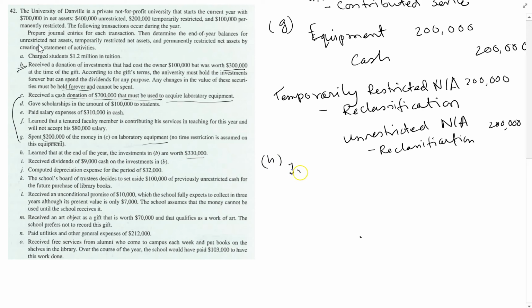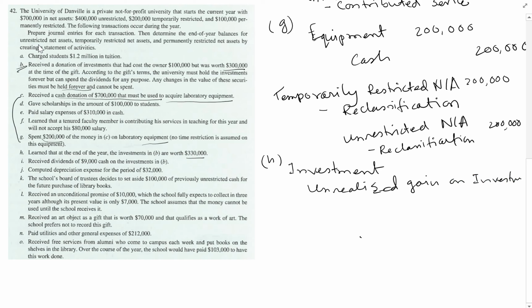So here, if we need to do this journal entry number 8, investment is increasing, so we will debit investment. And then we have to credit our unrealized gain on investment.